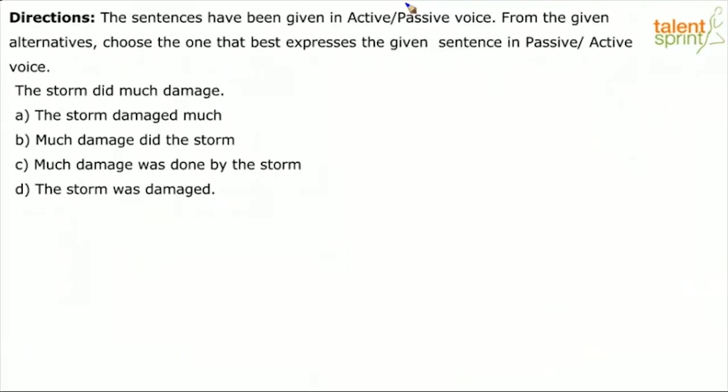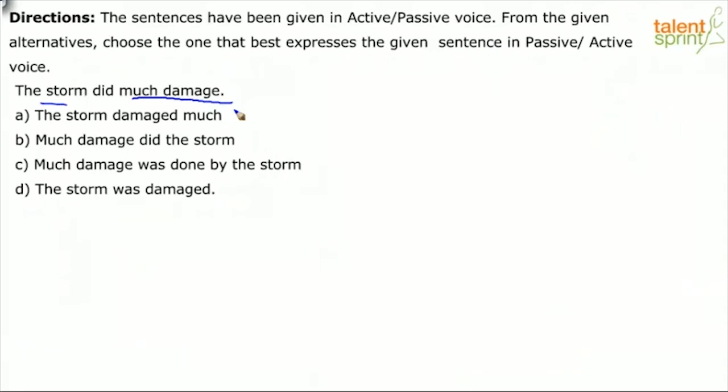So here, the subject is obviously the storm, right? The storm did much damage. So usually, this is an active voice. So obviously, we need to convert it to passive voice. So when it comes to passive voice, there's an inversion of the passive subject, which is damage being done.